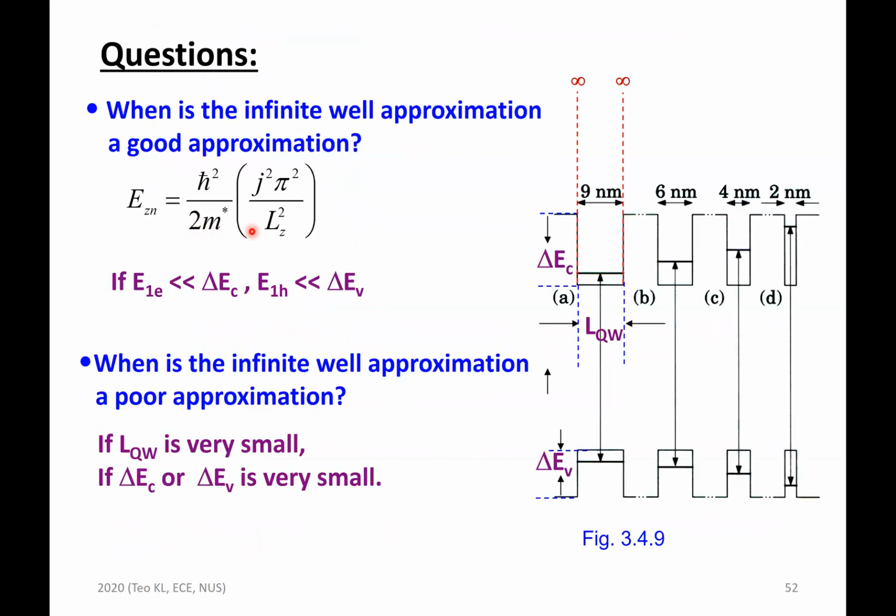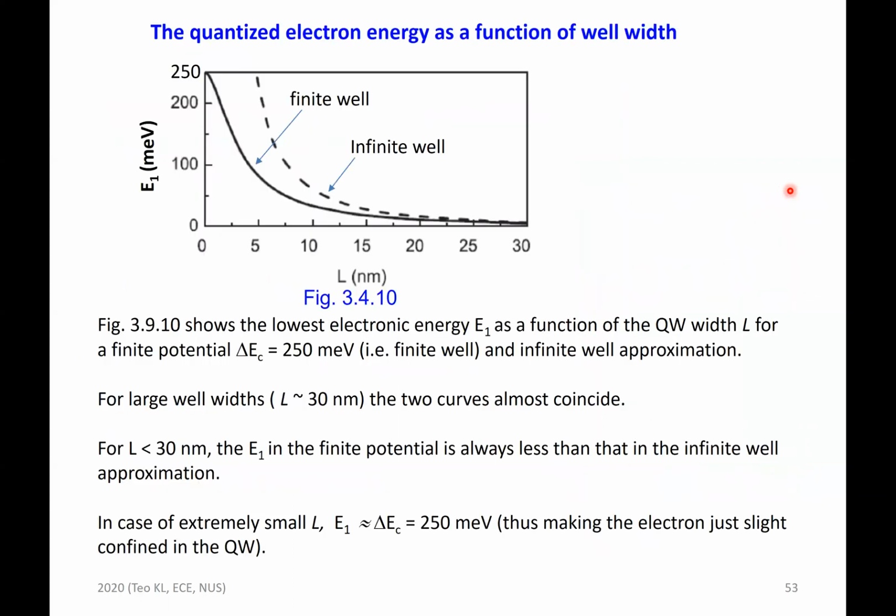Because at the end of the day, you're pushing this state above the potential barrier height. There's no more confinement effect. You can see that as the well narrows toward 2 nanometer, your first electronic state, the lowest electron state, keeps pushing up. And if you go even smaller than 2 nanometer, this state may not be confined. It may be in the continuum. Okay. So therefore, it will recover like bulk semiconductors.